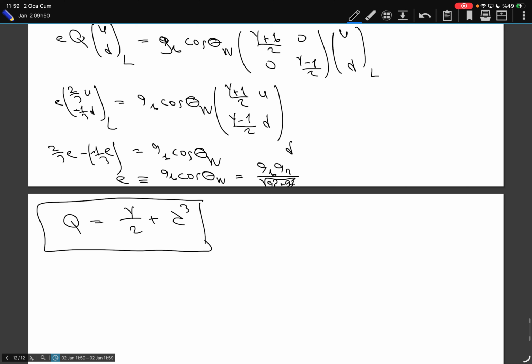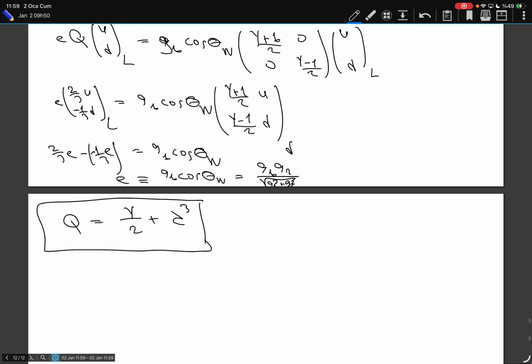Well, I know the charges, I know the values of tau 3. The only thing I don't know in this equation is Y. If we are applying this to a singlet, tau 3 is just 0. It doesn't appear in a singlet.